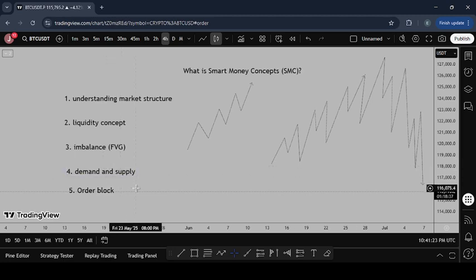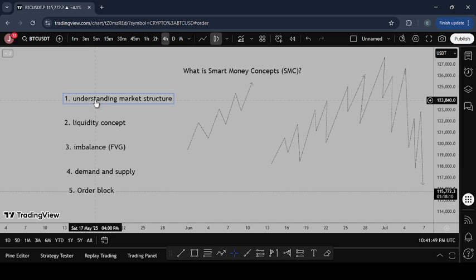An order block is just a level of demand or a level of supply where the market made an impulsive move, right? So when we are talking about understanding market structure, you will know what an impulsive move is. An impulsive move is when the market makes an aggressive move either to the upside or to the downside.